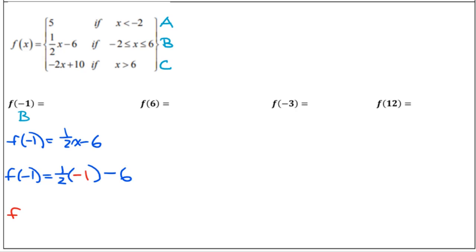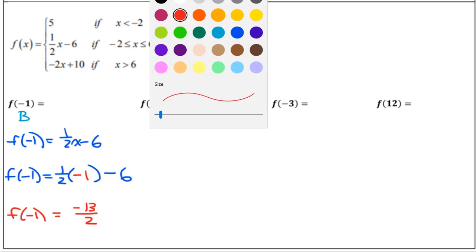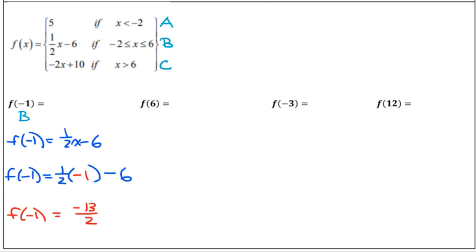I get f of -1 to equal, oh, I get a fraction. Alright, that's okay. No big deal. -13/2. Okay. So again, a couple little steps in here. Decide which function we're talking about, copy it down, plug in the value.